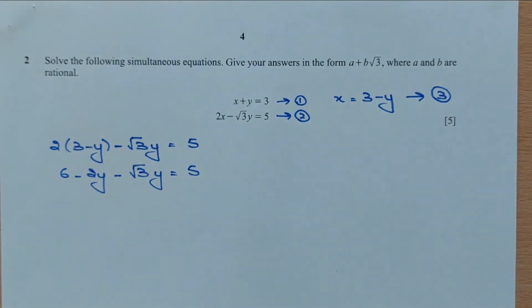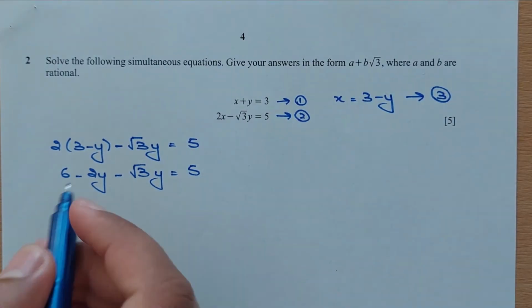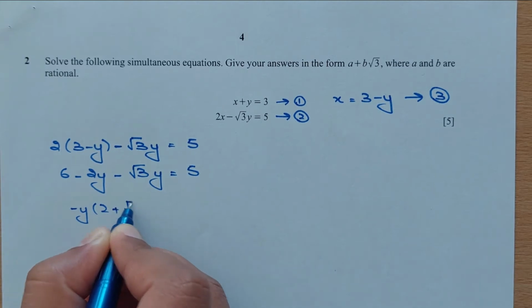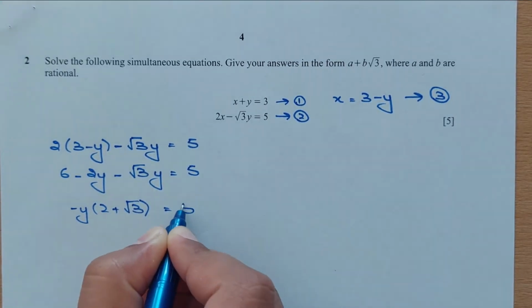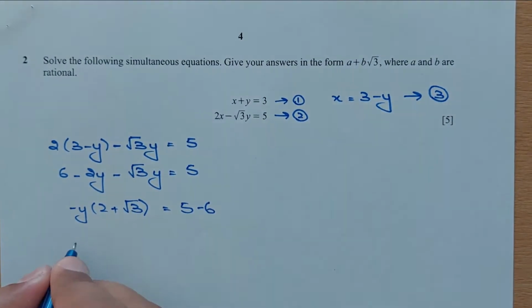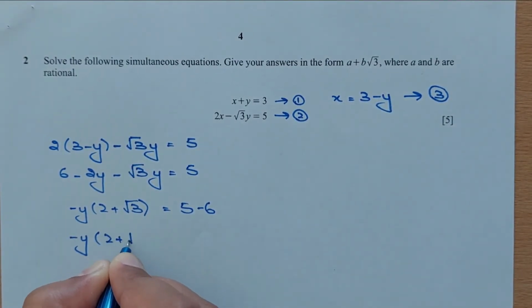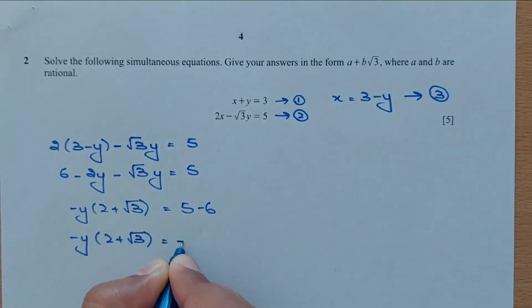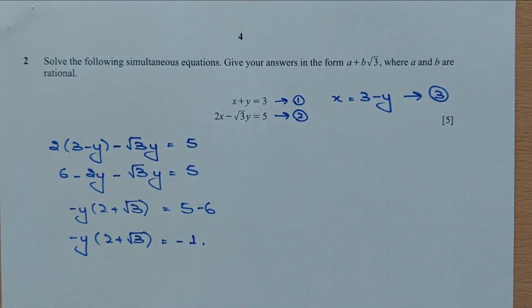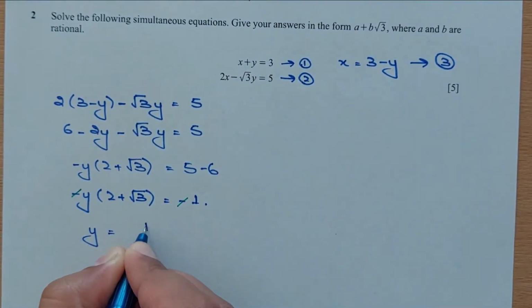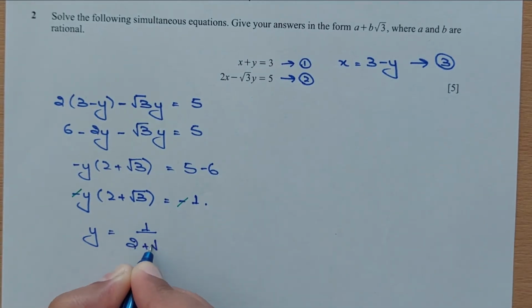Now let me move the y terms to the left side and the constant terms to the right. Taking y common, minus y is common, so 2 plus square root of 3, and we have 5 minus 6, shifting 6 over here. So minus y times 2 plus square root of 3 equals minus 1. We can cancel the minus signs on both sides, right? And the y value we get is 1 over 2 plus square root of 3.